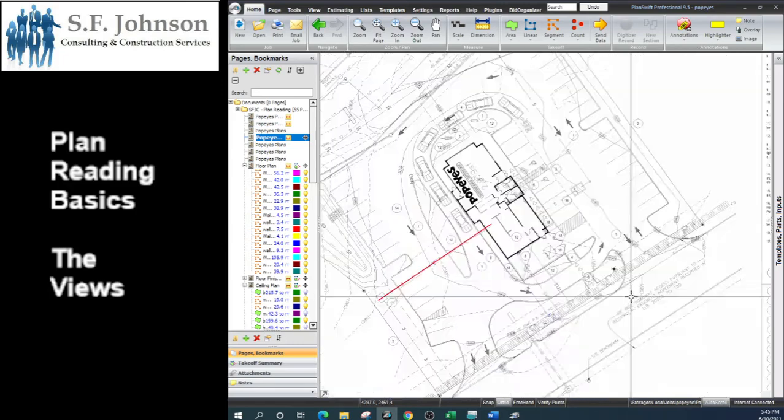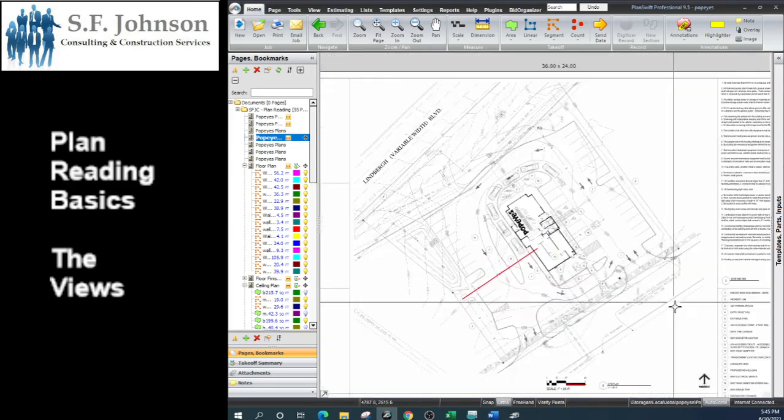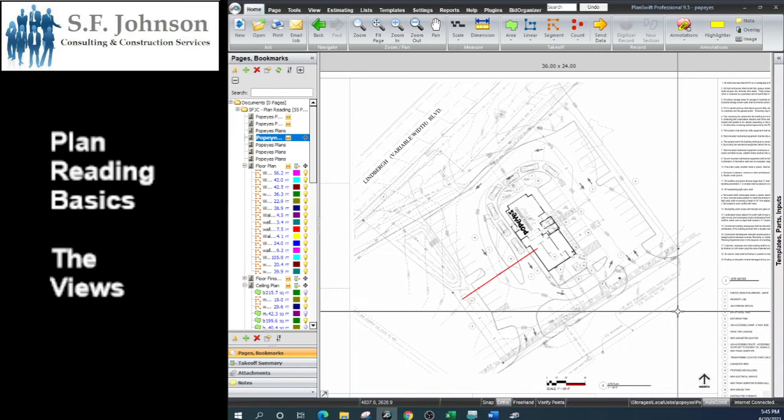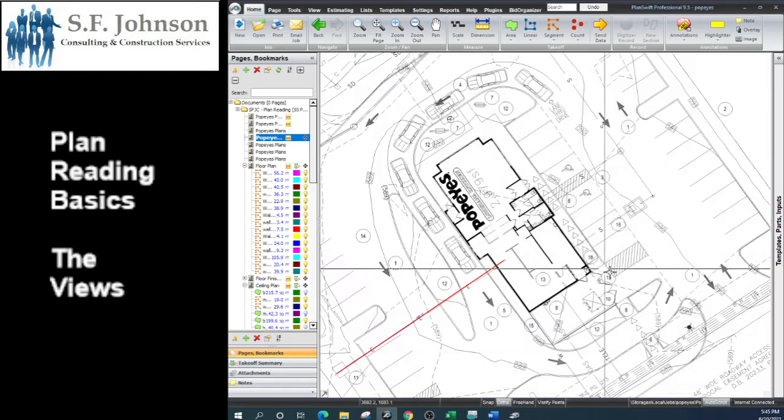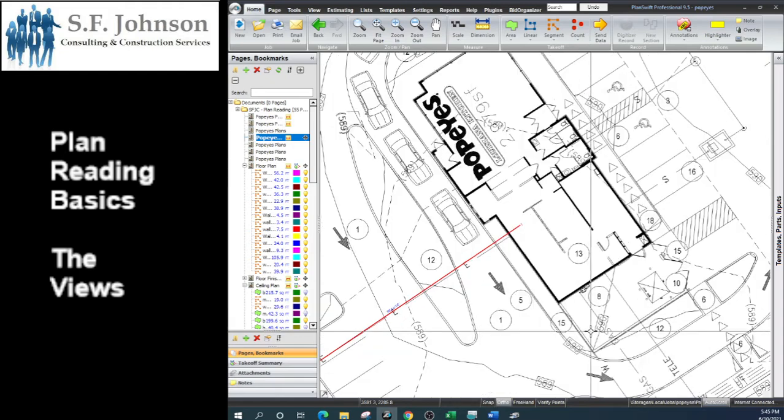But the whole point is how we're looking at this sheet. The view is the perspective from which you're looking at the information on the sheet. The plan view is the most basic of the views, and I say basic in terms of if we wanted to construct maybe the curves. From this view, we can't really do anything other than measure how many linear feet of curve we're going to construct.